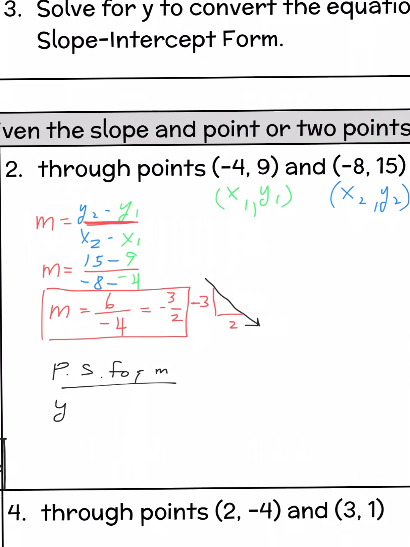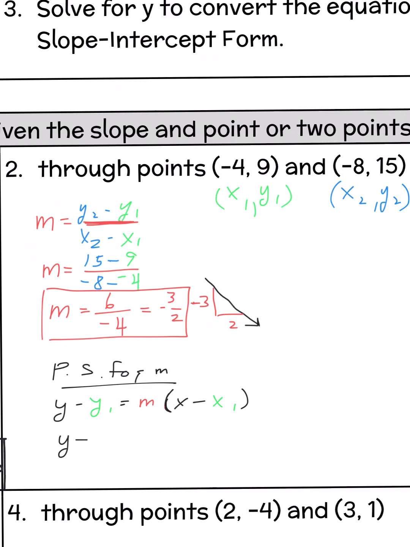So y minus y1 equal to m times x minus x1. So let's fill in the blank.